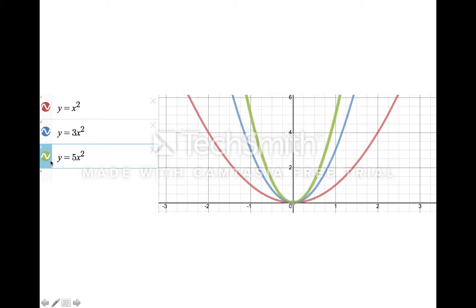If we multiply by a larger constant, say 5, we get the green graph, which is stretched even further. It's a bigger vertical stretch by a factor of 5, and it has been stretched so that it's closer to the y-axis.